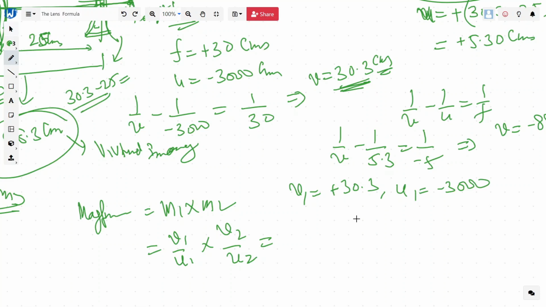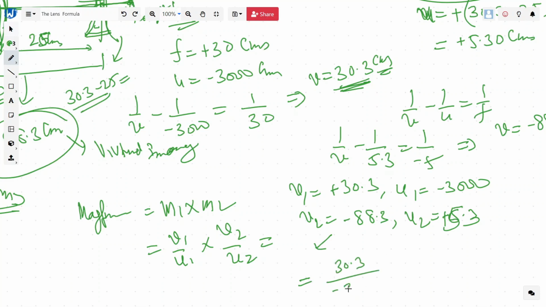You remember for the first case. Now V2 is now negative here, right? So minus 88.3 and U2 is positive here because the object is on this side and that was 5.3. Okay, 5.3 positive.